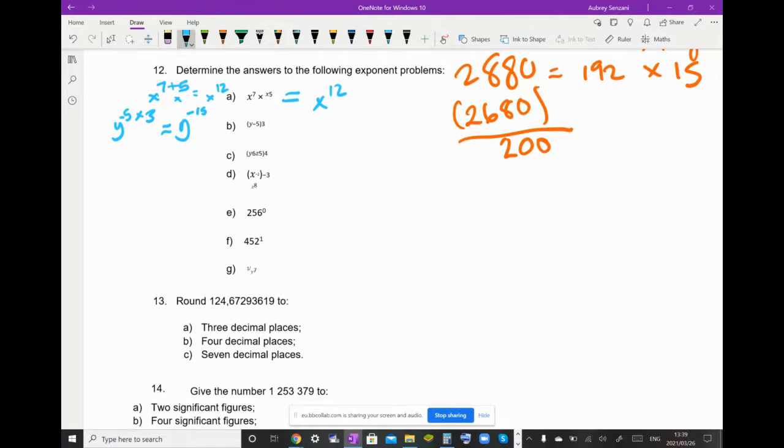We have y to the power 6 times z to the power 5, in brackets, to the power 4. What do we do? What must happen over here?